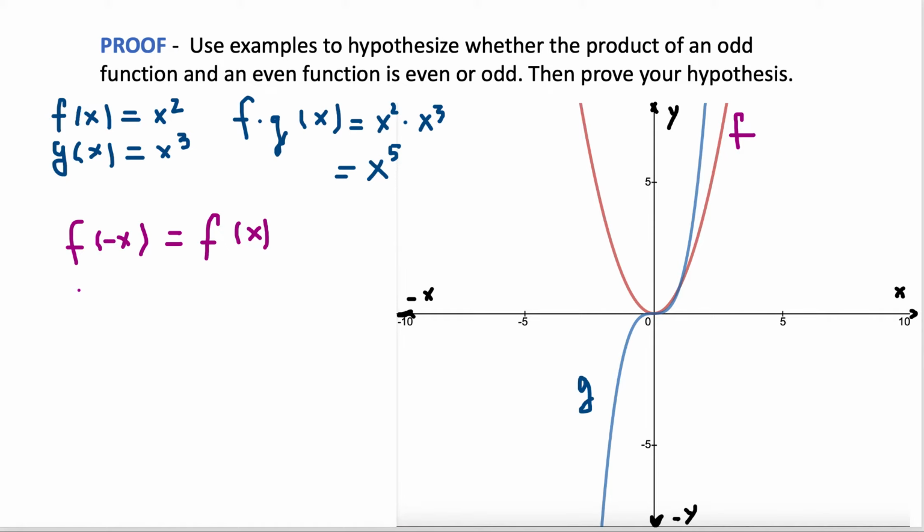And if we take, for example, g of x, let me erase and write with a different color. g of minus x, if we change the sign of the argument, for an odd function is going to be equal to minus g of x.